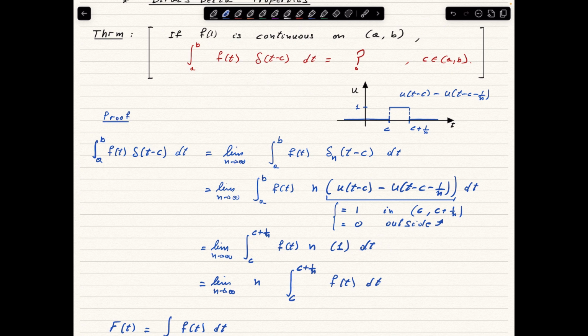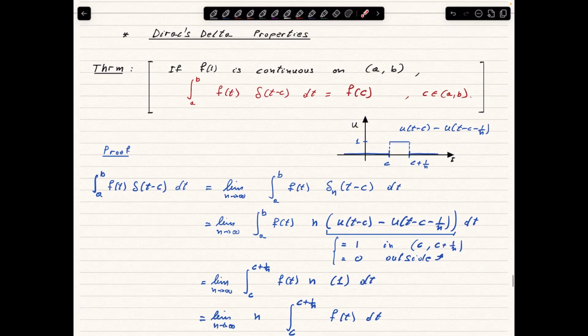And we are going to put the result we found here, that the integral of a function times a Dirac delta is just the function evaluated at the point where the Dirac delta is singular, if and only if this point belongs to the region of integration. So this is the main property, a very important property of the Dirac delta.